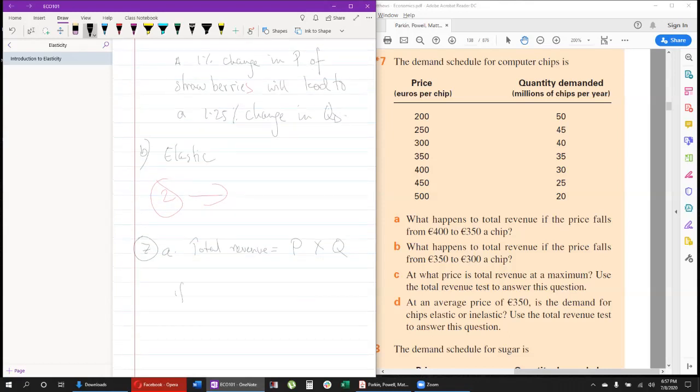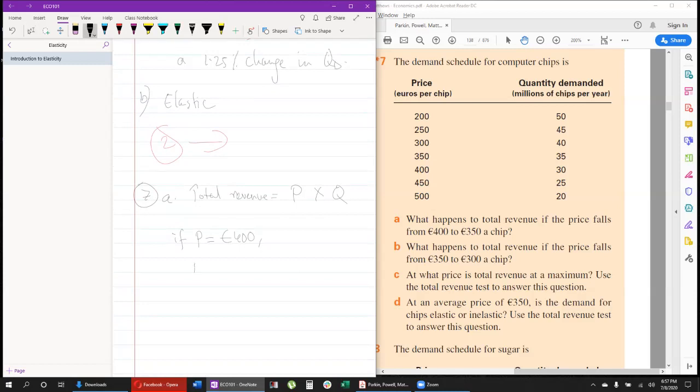So if price is 400 euros, total revenue is 400 times, what is the quantity? When price is 400, we can see from the graph that it's 30. And so that gives us a total revenue of 12,000 euros.